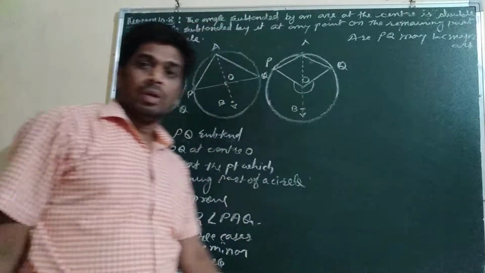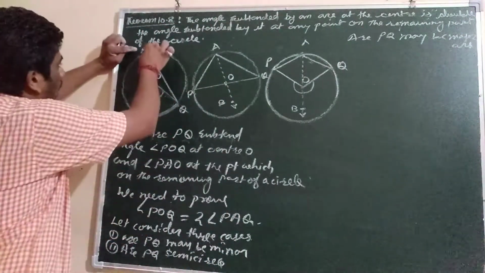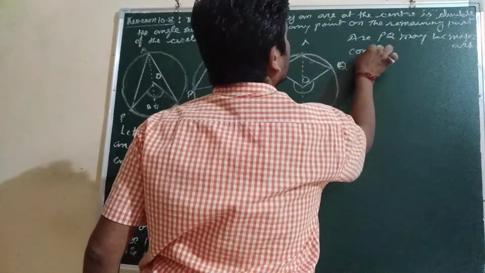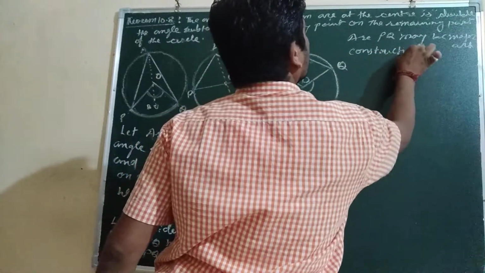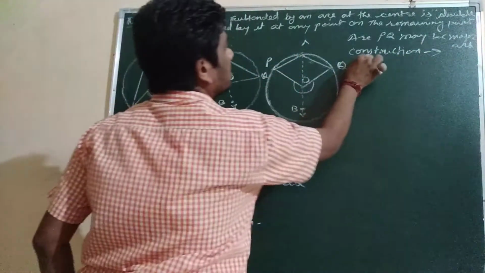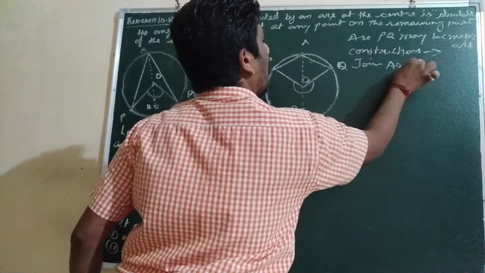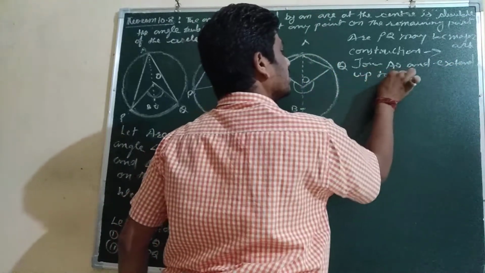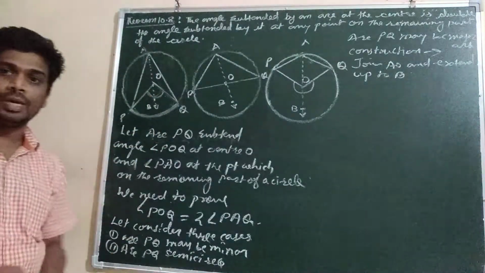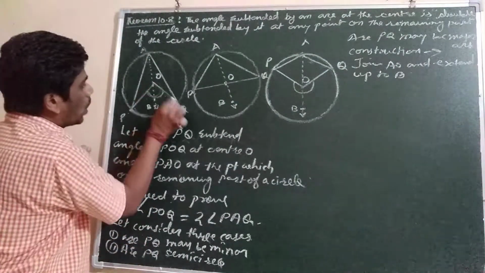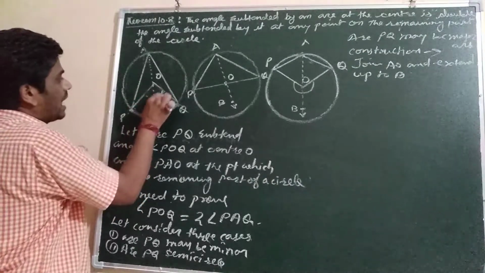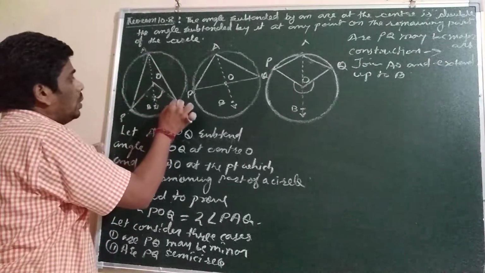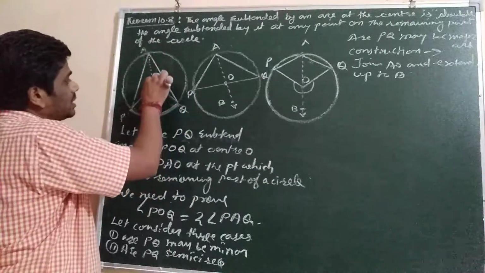Okay. Now we will construct here. Construction: join AO and extend it up to B. Okay, we extend it up to B. So you know that this angle BOQ will be the sum of the angle OAQ plus OQA.